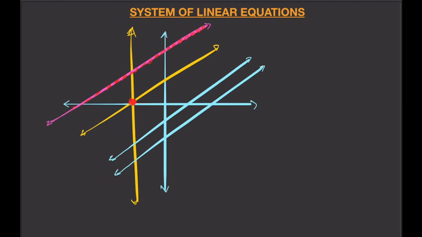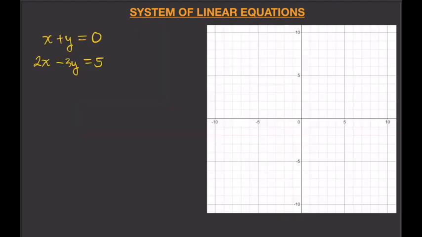Let's do that. For example, let's say our system is x plus y equals 0 and 2x minus 3y equals 5. Let's solve this by graphing. Let's graph our first equation, x plus y equals 0.